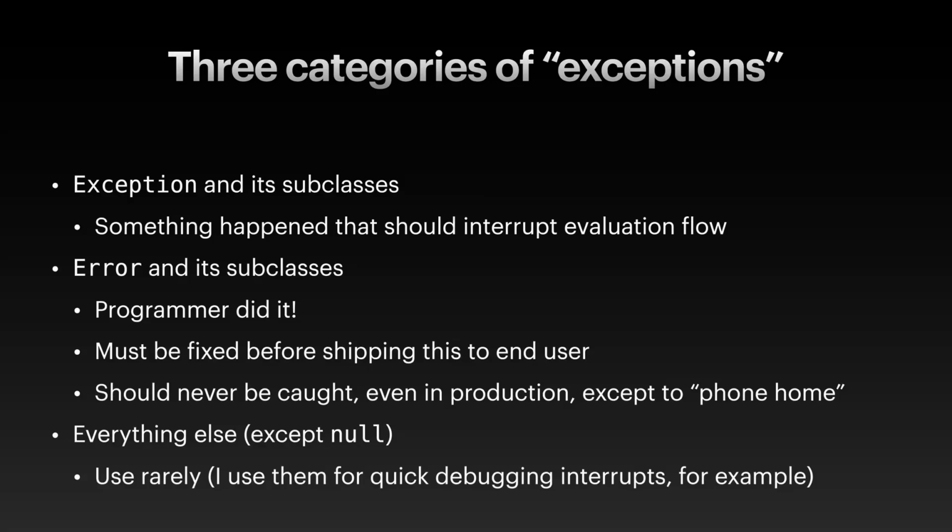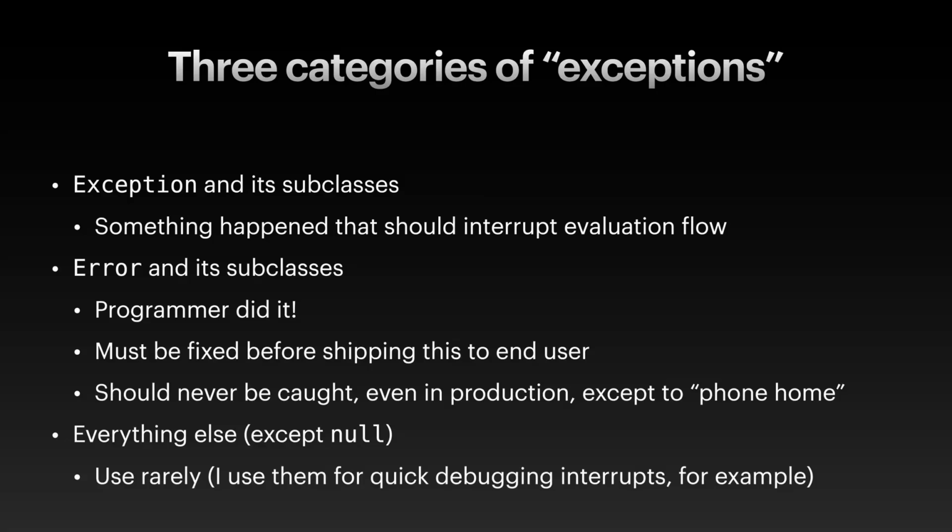The second broad category is Error and its subclasses. Error is reserved for when something the programmer did is mistaken. There's a case that isn't being taken care of, or an array is out of bounds, or just something really unrecoverable has happened, in the sense that the programmer needs to do something to avoid that situation again.